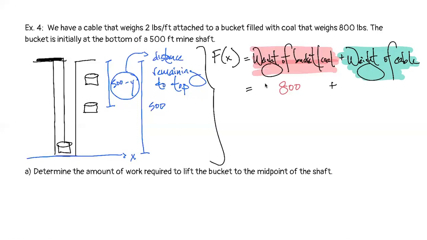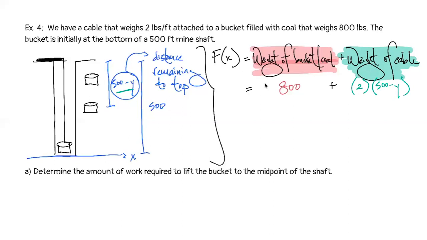Okay. All right. So the weight of the cable here, we know is 2 pounds per foot, but the amount of cable changes, and it changes according to the distance remaining to the top. So in order to find the weight of the cable, we need to take that 2 pounds per foot and multiply it by how many feet we still have left to pull it up. Together, that will give you the pounds of weight that the cable is still in the mine shaft.